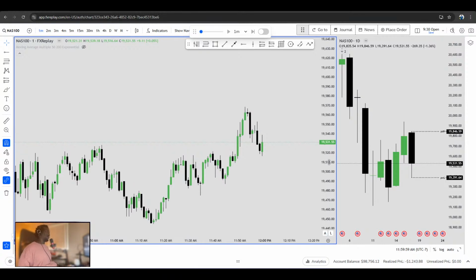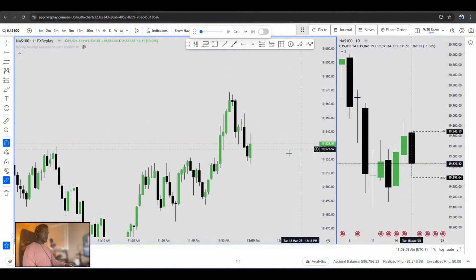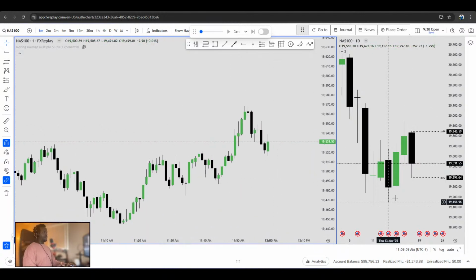Market does close at 4, or does it close at 5? But at 4, that's kind of where most of the time volume just kind of dies down. So most of the time that 12 p.m. candle is kind of where the low of the day is established. So if we are bearish, like in this case, I'm probably gonna be trading that retracement, right?